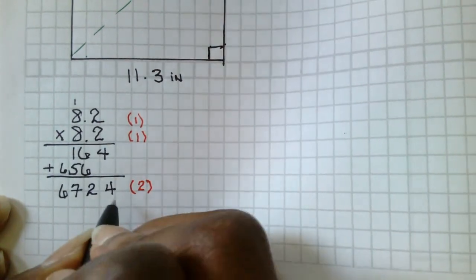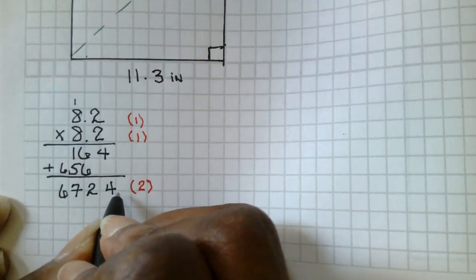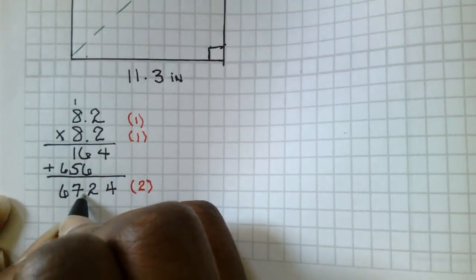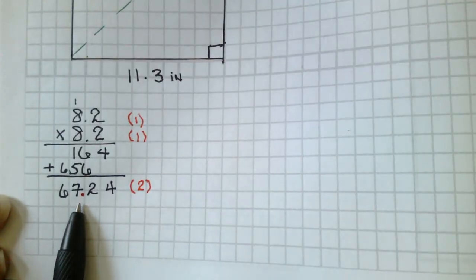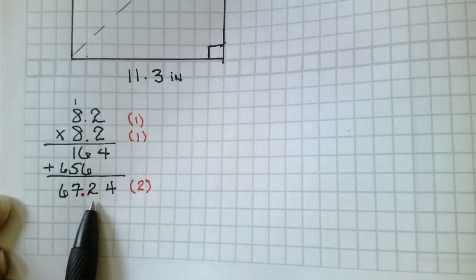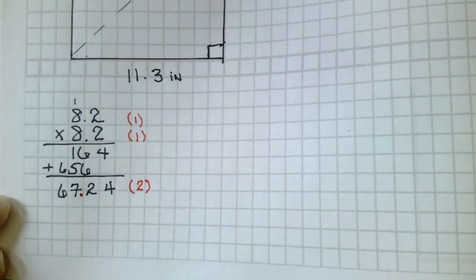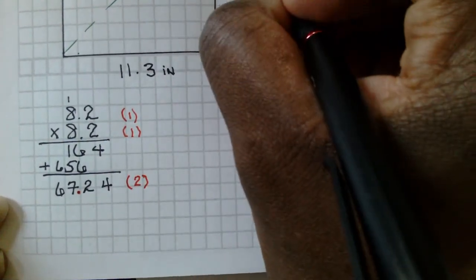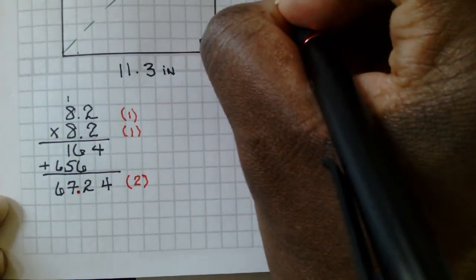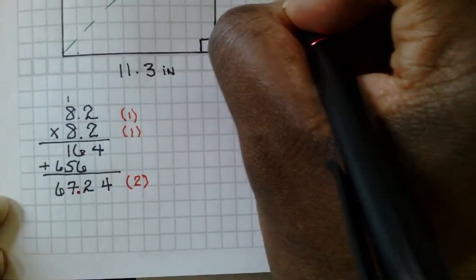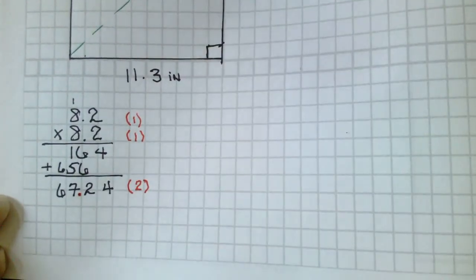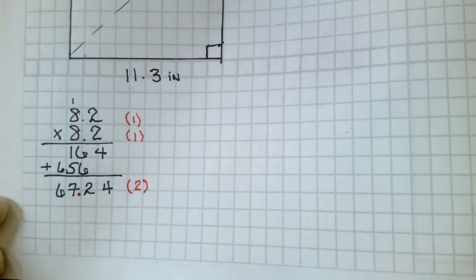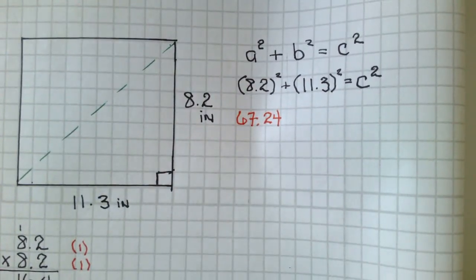So now we're starting at the end, moving over 1, 2, so that means that decimal point needs to be between the 7 and the 2. So now we have our 67.24.